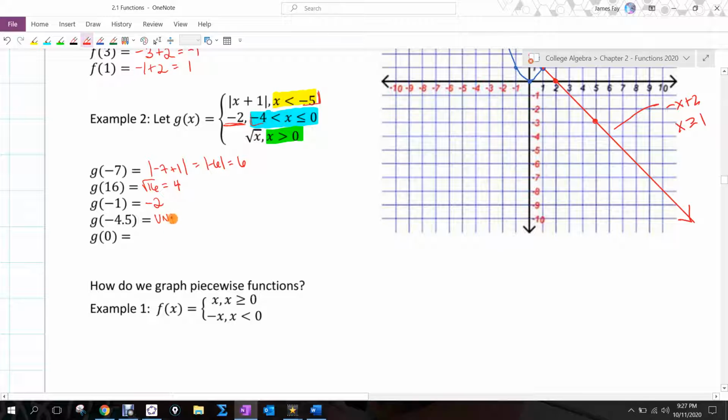It's undefined. There's no rule here that incorporates -4.5 as an x value. Try 0. It's a debate whether it should be the blue or the green one, but because the blue one has equality and the green one does not, we plug it into the blue one and we get -2 back.